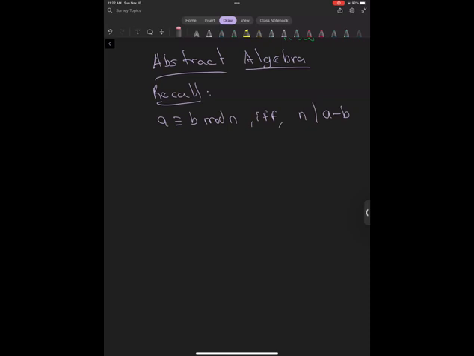Meaning, let's select a, b integers, if and only if there exists an integer k such that a minus b equals k times n. That's something we did, and we're going to do some review of that.